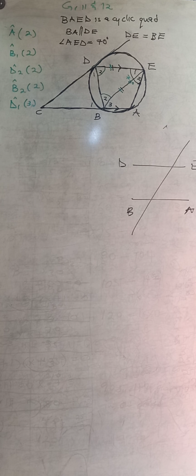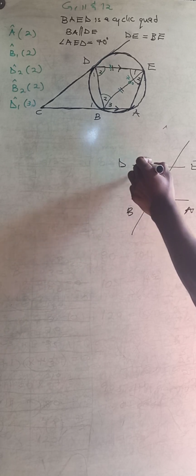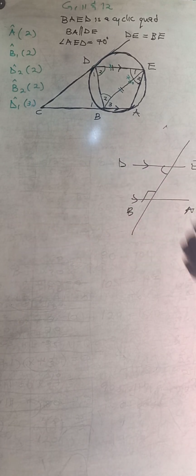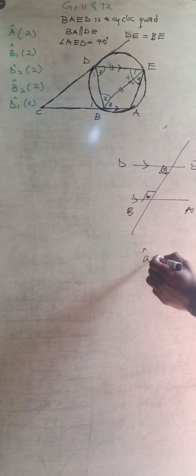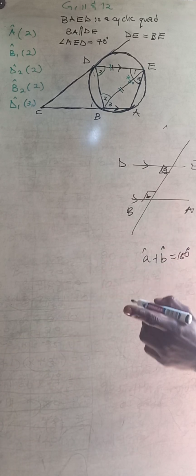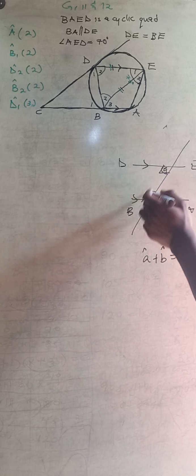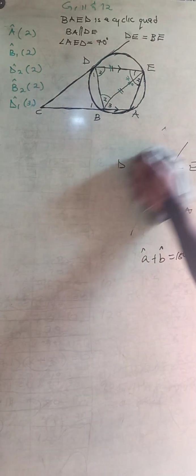Okay, and then what's happening? We have these two angles, right? If this line and this line are parallel, then these two angles are supplementary. What is the reason? They are co-interior angles, and co-interior angles are supplementary.